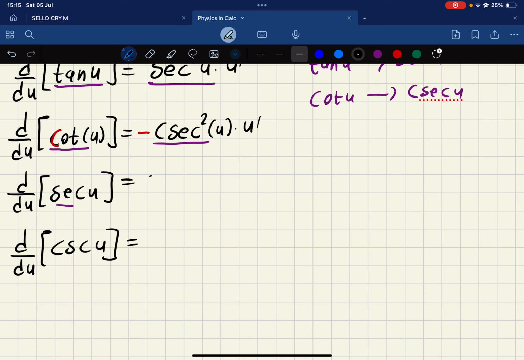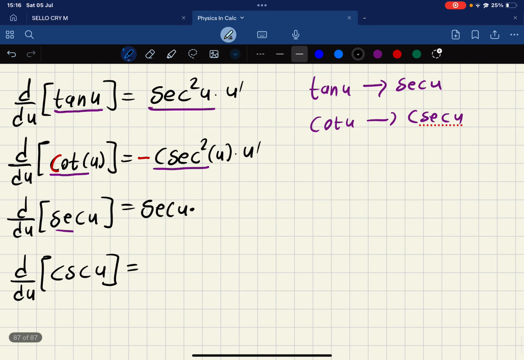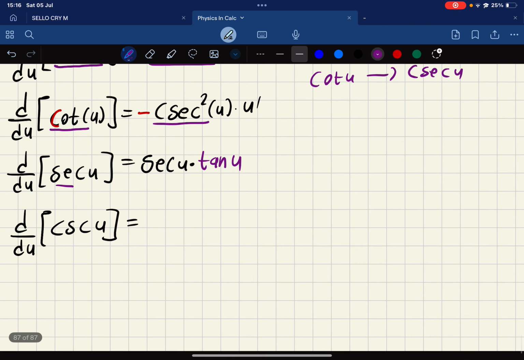It is going to be sec u by itself multiplied by its member. What is the member of sec u? The member of sec u is tan u, meaning it will be sec u tan u. That is the derivative of sec u. These two are special. Then let's go to cosec u.